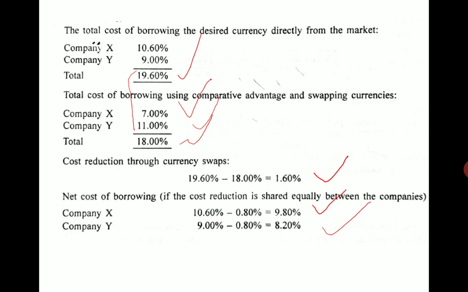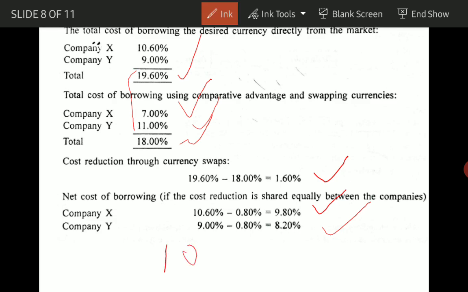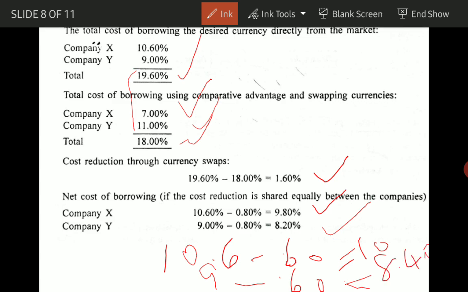So it will come to like this: 10.6 minus 0.6 will come to 10%, and 9% minus 0.6% will be equal to 8.4%, so that will be the net cost of borrowing for the two parties.